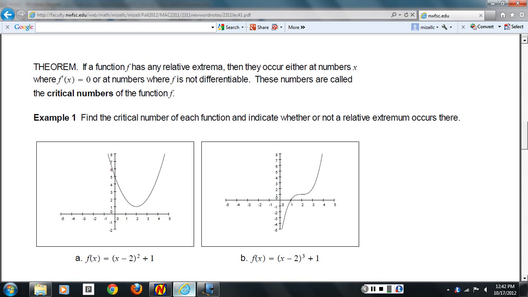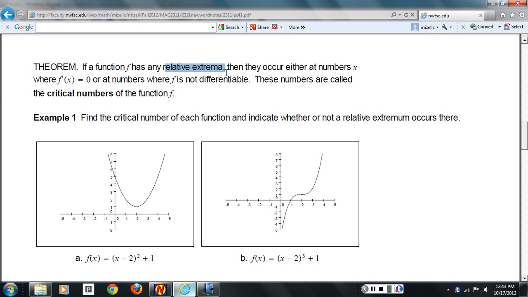So if we're looking for relative extrema, given an interval, we might say find all the relative extrema of this function on this interval. There are two things to look for. Look for points in the interval where f prime of x equals 0. That involves finding f prime of x, setting it equal to 0, solving for x, or looking for places where it might fail to be differentiable.